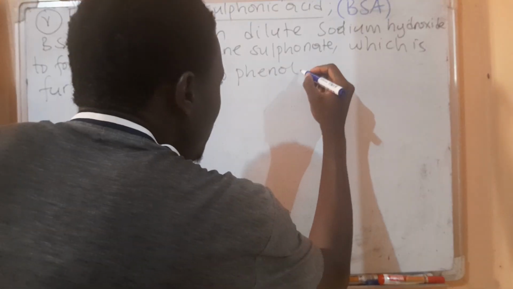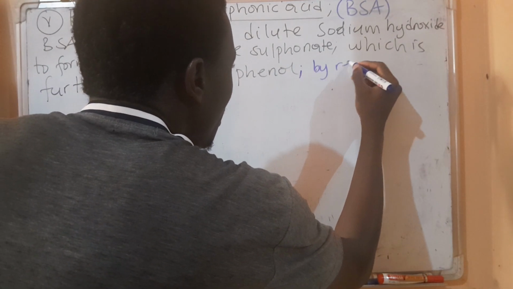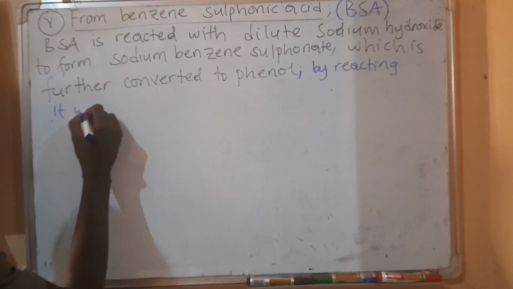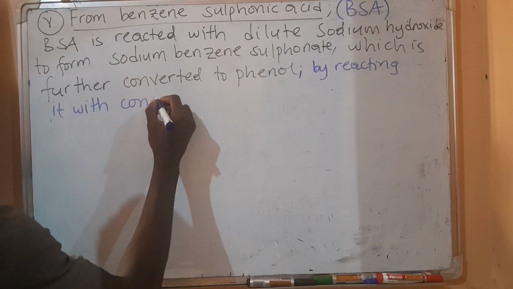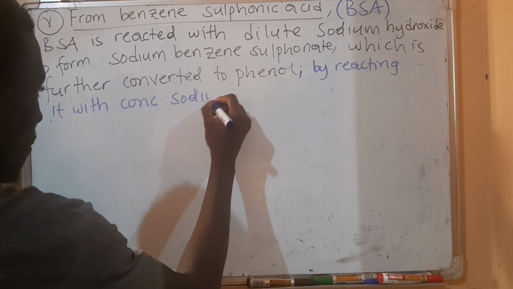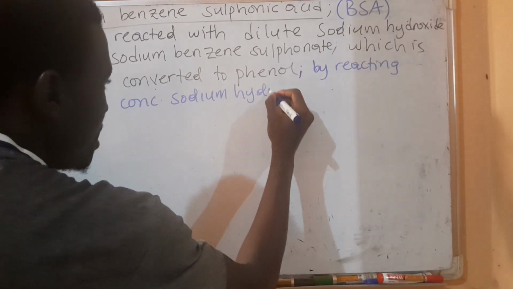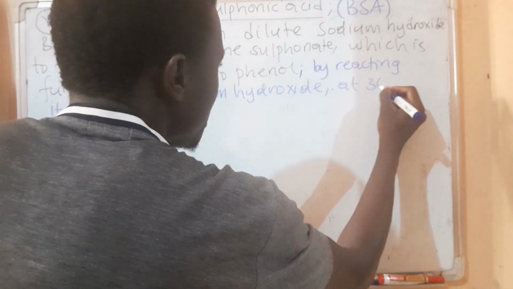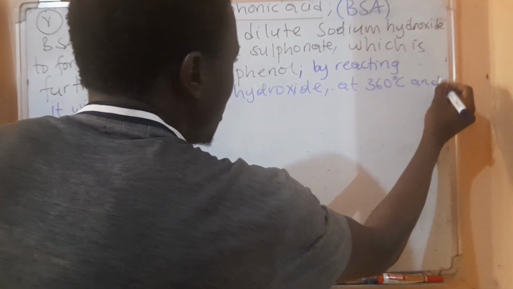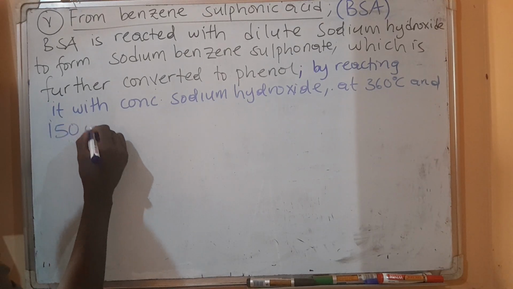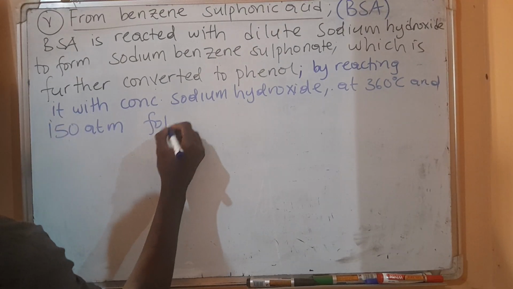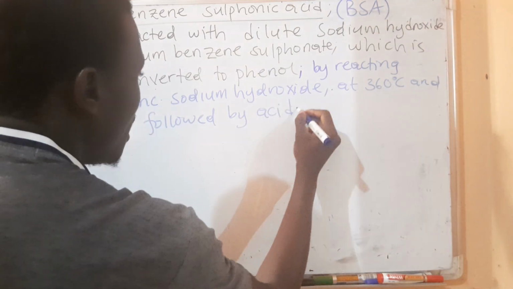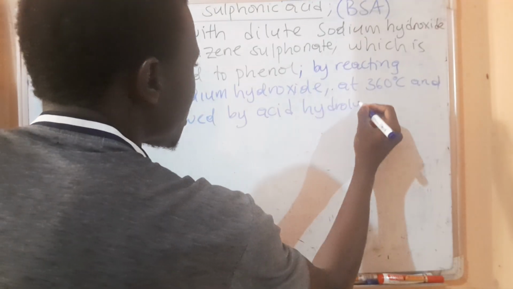Further converted to phenol by reacting it with concentrated sodium hydroxide at 360 degrees Celsius and 150 atmospheres, followed by acid hydrolysis.